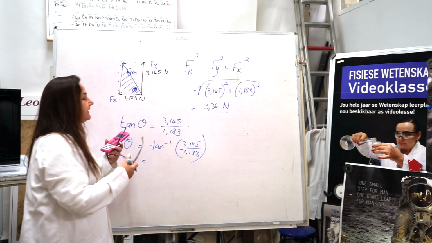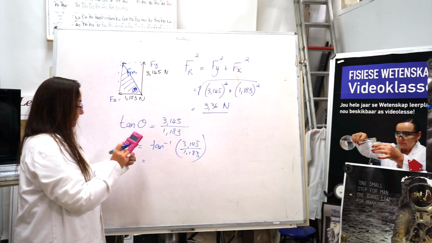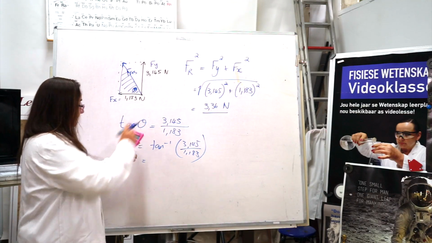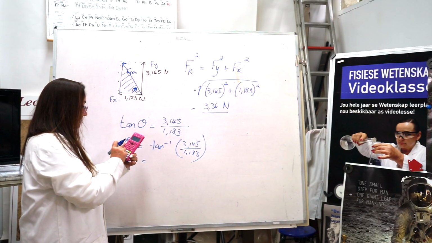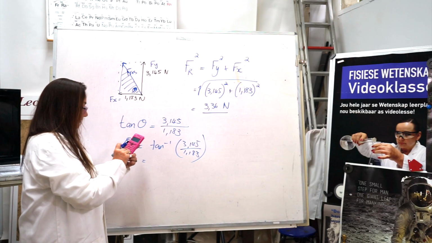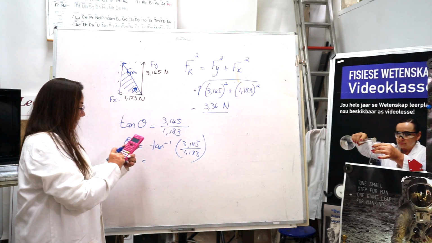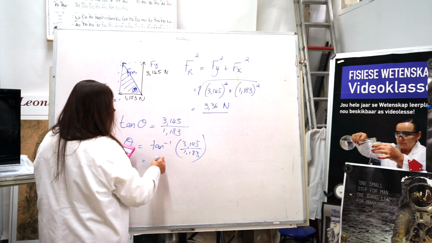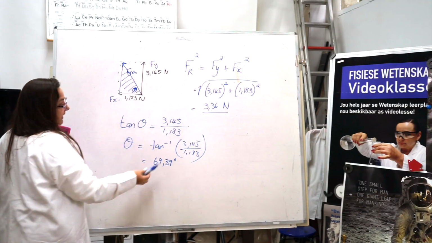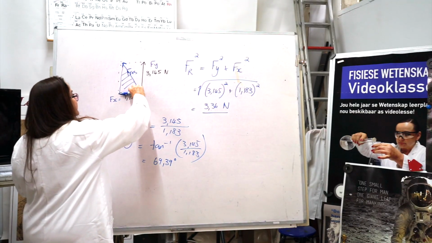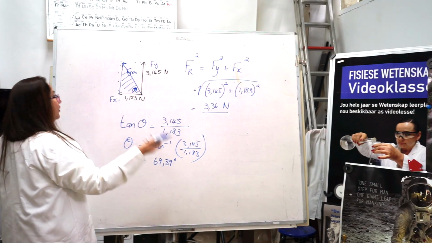You can go immediately and just use your calculator: shift and then tan, and then 3.145 divided by 1.183, and that gives me a 69.39 degrees angle.